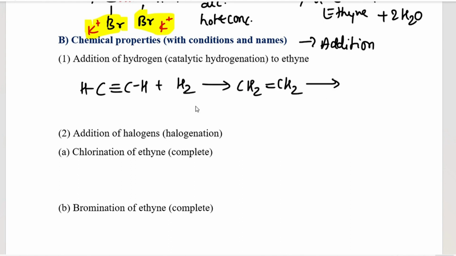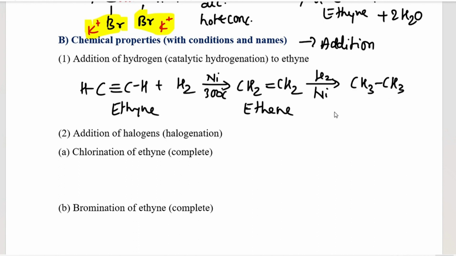This is ethyne, this is ethene. But ethene also undergoes hydrogenation. What is the catalyst here? Nickel catalyst, same condition, 300 degrees Celsius. So here you will get CH3-CH3. So complete hydrogenation of ethyne will finally give you ethane.